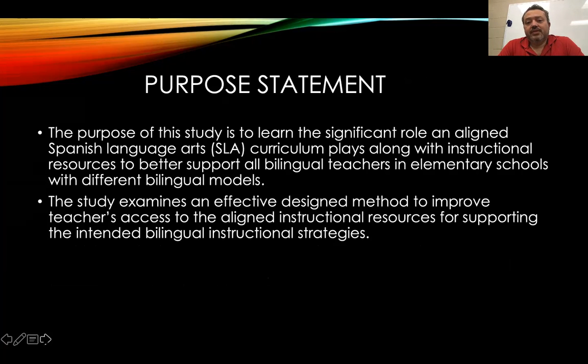So the purpose is to learn the significant role of an aligned Spanish language arts curriculum, along with instructional resources, to better support all bilingual teachers in our elementary schools with different bilingual models, especially now that most districts are doing some type of blended learning.